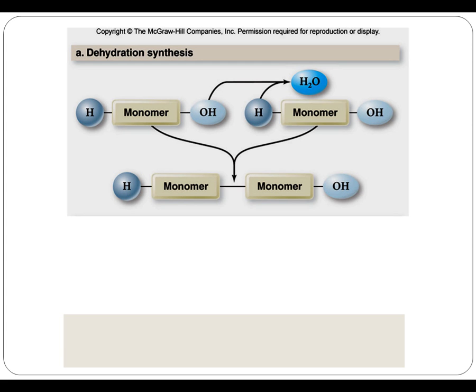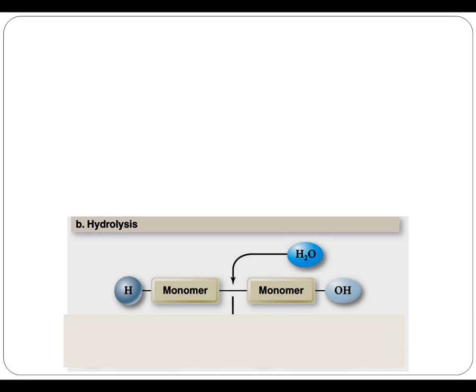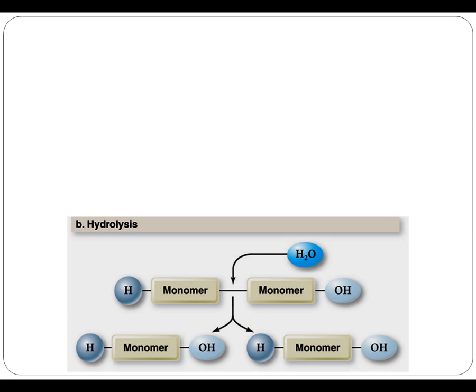What if I want to break that bond? What kind of reaction could I use? Hydrolysis. So it's the reverse. A hydrolysis reaction splits what was previously a polymer into individual monomers. So in this case, you see how we're breaking down? You see how the hydrolysis broke something big into smaller subunits?